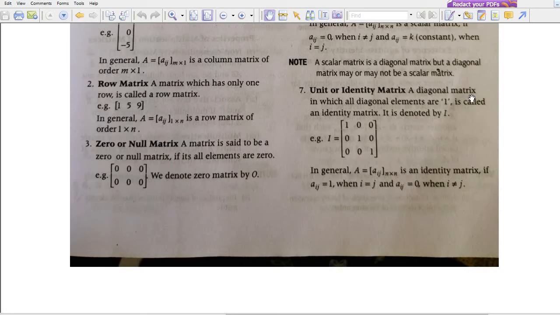A diagonal matrix in which all diagonal elements are one is called an identity matrix. That means all the diagonal elements must be equal to 1. So what is the order of the matrix? It is 3. So it can be written as I3. That means an identity matrix of order n can be written as I suffix n.